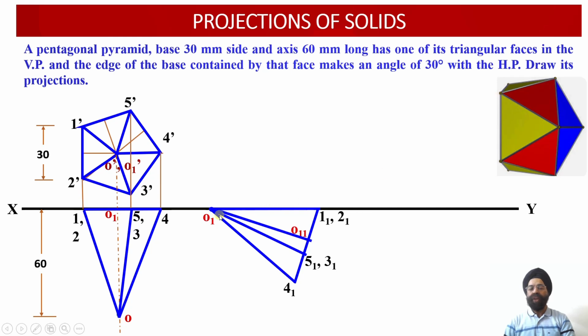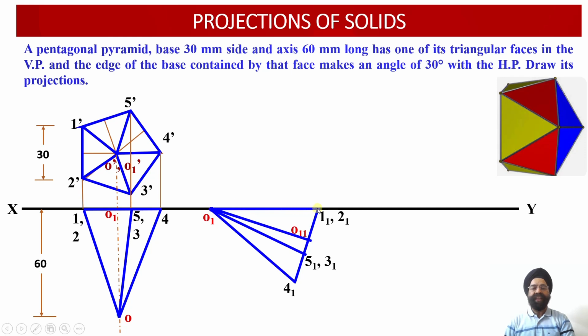This is the triangular face which we are able to see clearly in the front view projection over here. So once we rotate this edge view in this direction, we get this face of the pentagonal pyramid contained by the vertical plane.